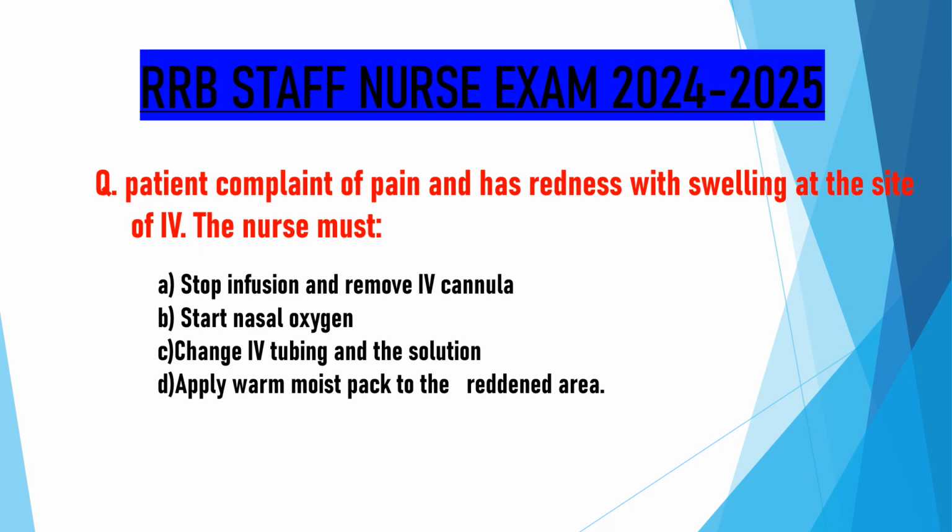The nurse must. Options are stop infusion and remove IV cannula, start nasal oxygen, change IV tubing and the solution, apply warm moist pack to the reddened area. So the answer is stop infusion and remove IV cannula.